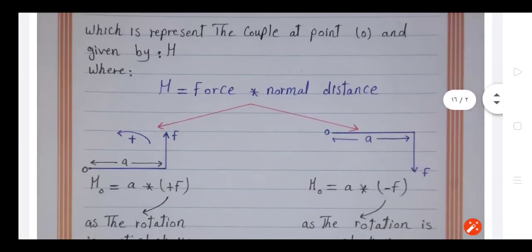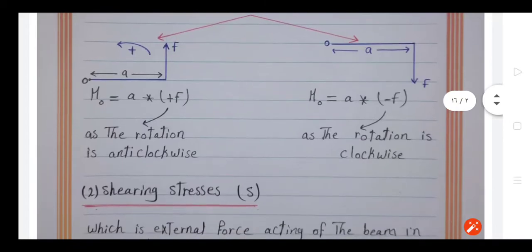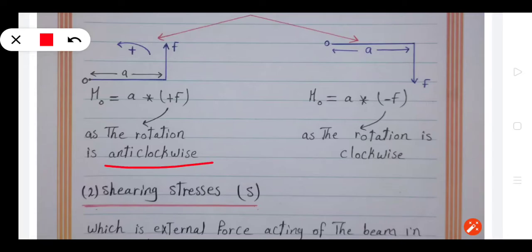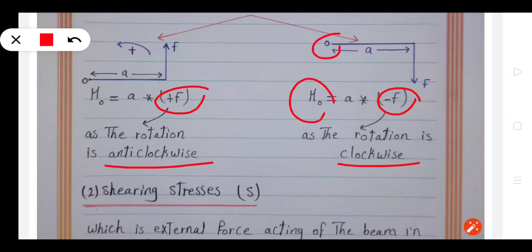We have two cases of this force: if this force rotates in anti-clockwise direction or clockwise direction. If the force rotates in anti-clockwise direction, it's positive F. If it's in clockwise direction, we use negative F. We find the couple at point O, so it's called M naught.